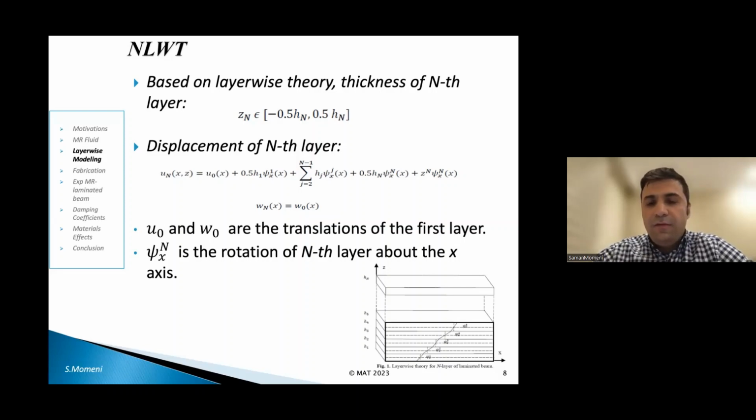The contribution of this section compared with other formulas is that if you select your specific layer, for example, N equal to 5 or N equal to 3, you can derive the equations of motion of the composite structure for specific layers.